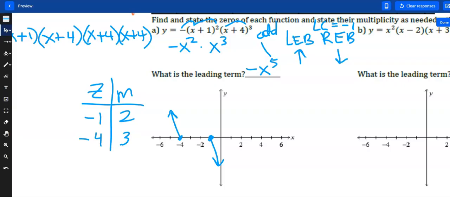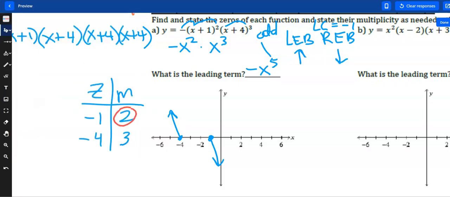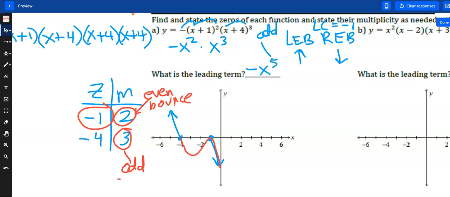Now, this is where one of those is going to be a bounce, and I'm going to try to highlight it for you. We have an even multiplicity, so the bounce is occurring at -1. It's literally bouncing off the axis, and then the other one is odd, so it cuts through the axis.